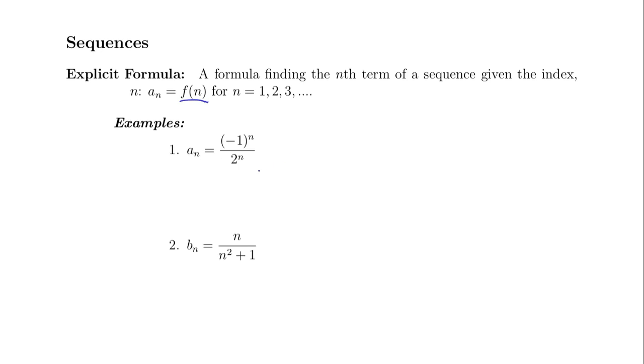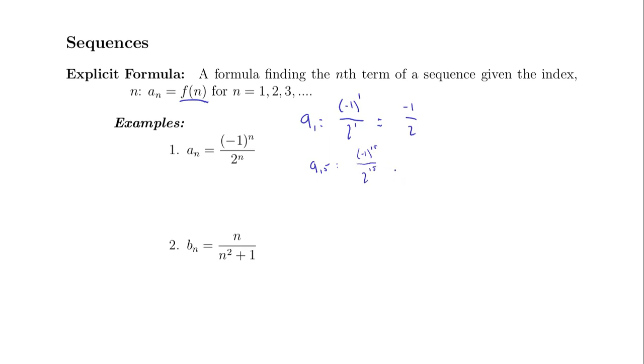So for instance, in this example that we've got, if I wanted to find the first term, I just plug in 1 for n. And I've got -1 over 2. So my first term is -1/2. If I want to find the 15th term, I can just plug in 15, and that's going to be -1 raised to the 15th, all over 2 to the 15.